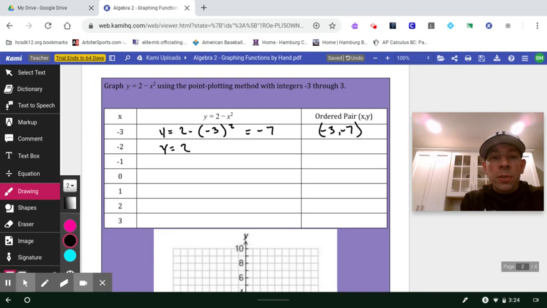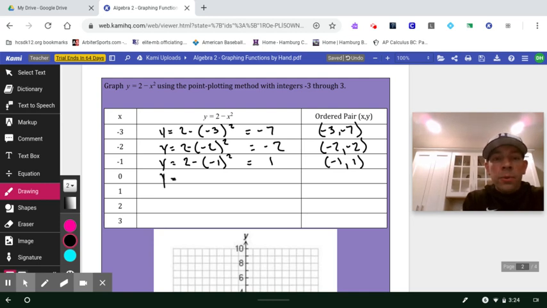We've got y equals 2 minus -2 squared. 2 minus 4 makes -2. We're probably not going to win any awards for the sexiest math process here today, but it is going to pay off. 2 minus 1 makes 1, and so we got -1 comma 1. y equals 2 minus 0 squared is 2, so 0 comma 2.